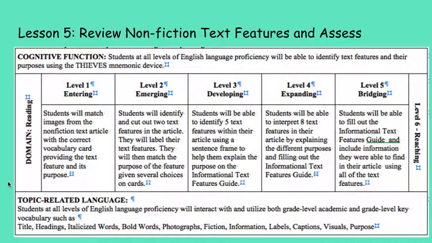I like the level 5 again because not only are they filling out their informational text features guide, which is that formal assessment at the end, but they are going to be able to tell us what information they have found in their article and how that text feature was useful to them.